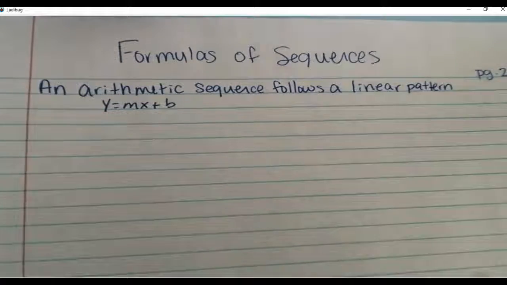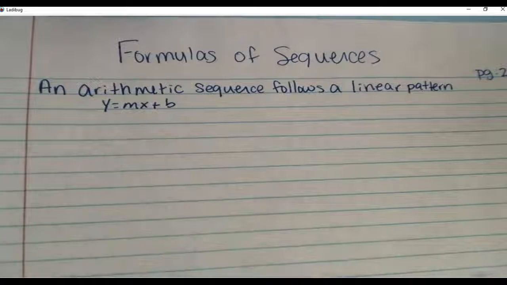So remember, linear is like y equals mx plus b. So we don't have x's and y's, we have n's and a sub n's, but it's still going to have that same general look about it.